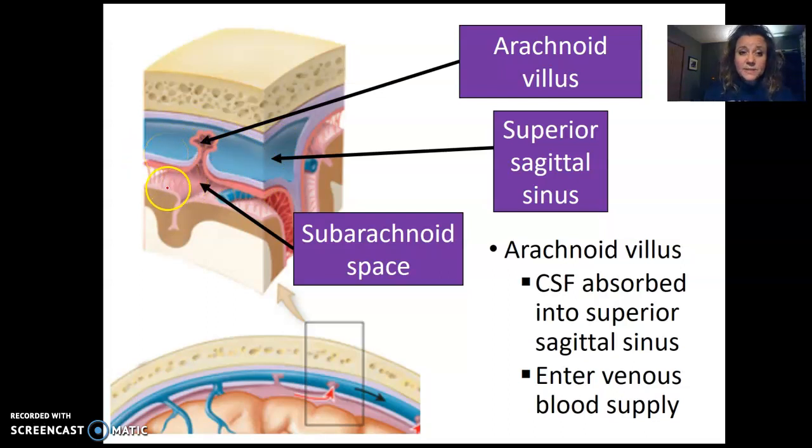And so what happens is that cerebral spinal fluid will flow through here. It'll go up into our arachnoid villus slash granulation, and then it will diffuse into the venous blood that's filling our superior sagittal sinus. And from there, it's going to enter the venous blood supply. And so it's just getting recycled.